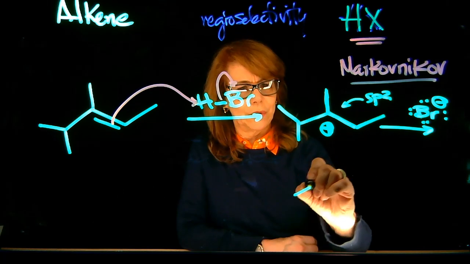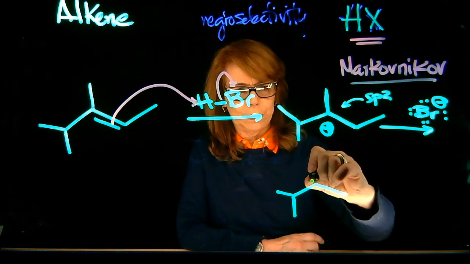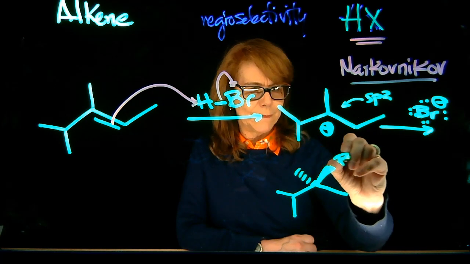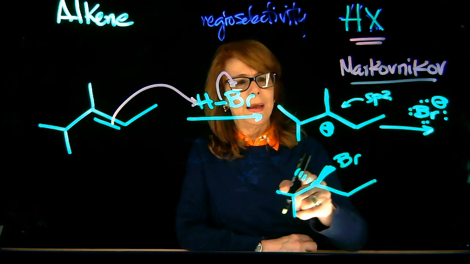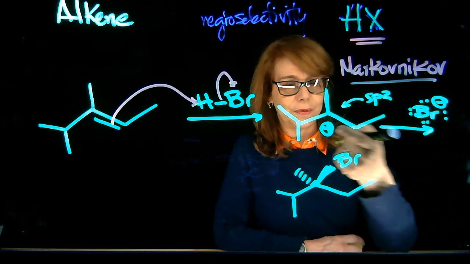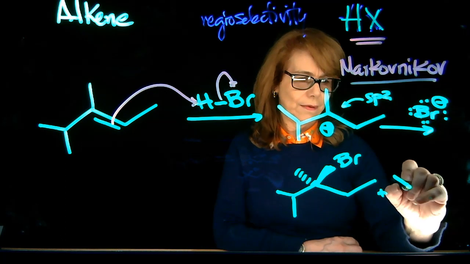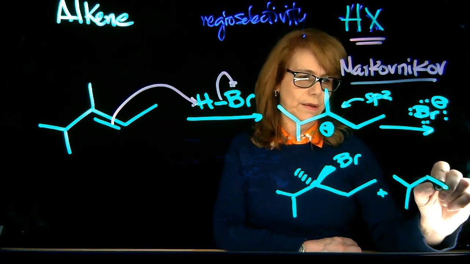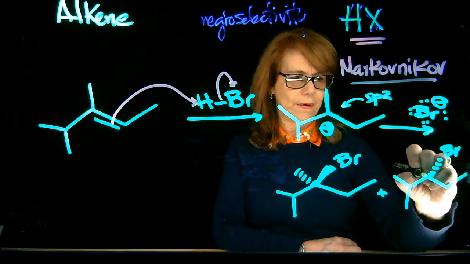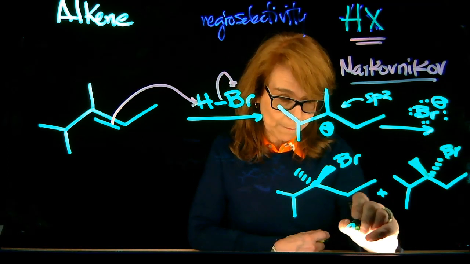So now I'm going to draw that. Say that the attack was from above the plane. I'm going to get the following. And that's one possibility. The other is that if bromine attacked the opposite side, you are going to get the following. Bromine, and that's H. These two are enantiomers.